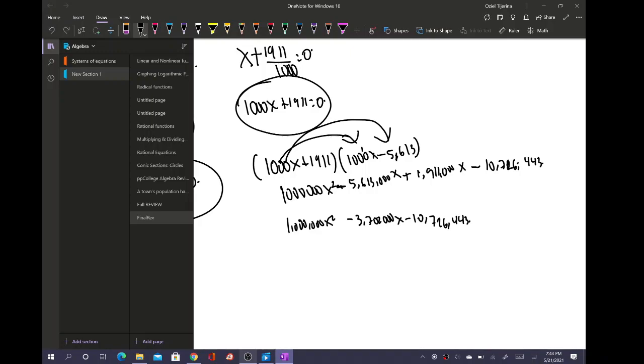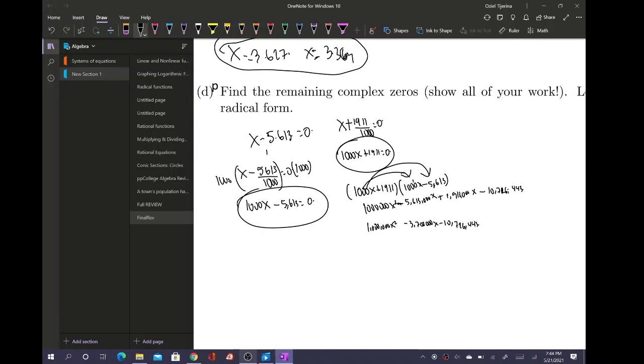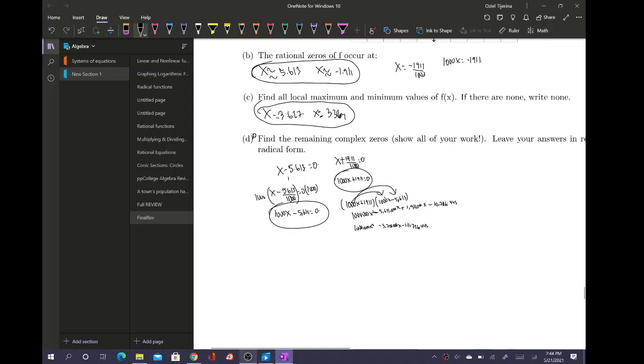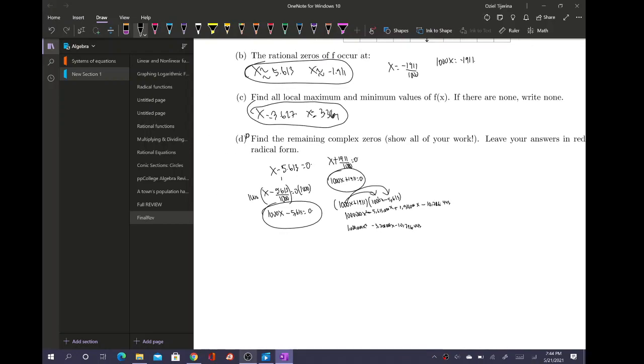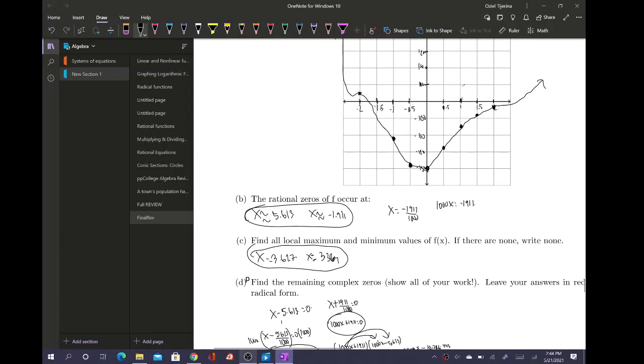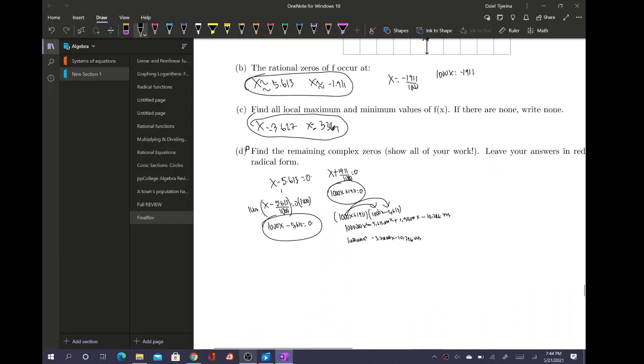Yeah, this is a pretty rough one, and it wants us to find the remaining complex zeros that are in our equation.